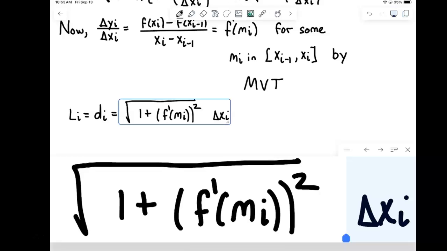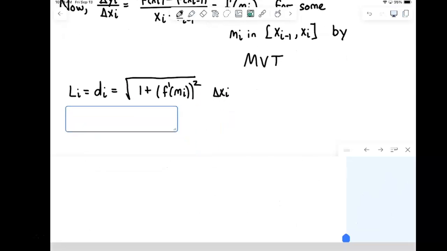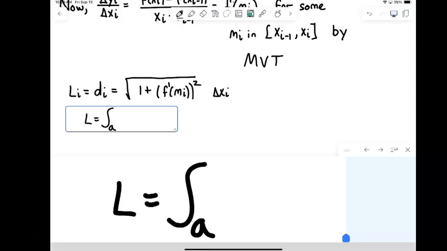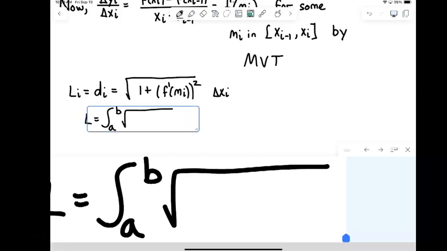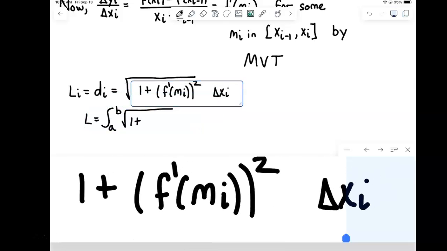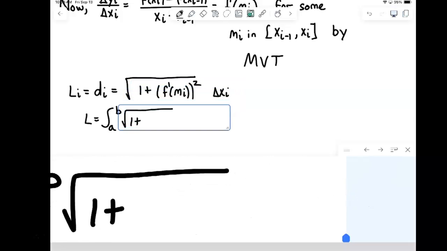We would then add all of those up. We would take the limit, and when we take the limit, the sum would become an integral. So the arc length formula is the integral from a to b of the square root of 1 plus... Now when we take the limit, the mi is actually going to just become every single point, right? When we do the limit, the size of the intervals go to 0.